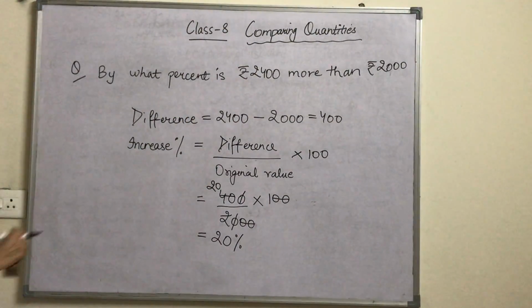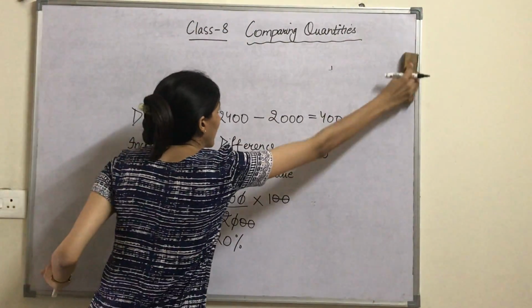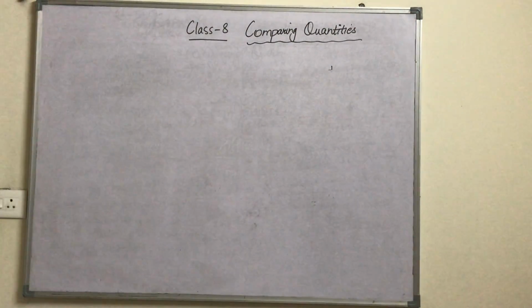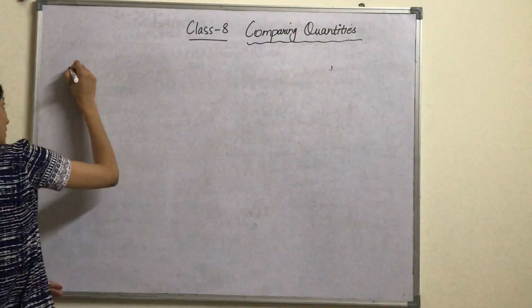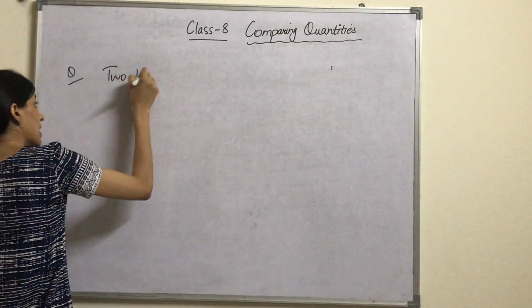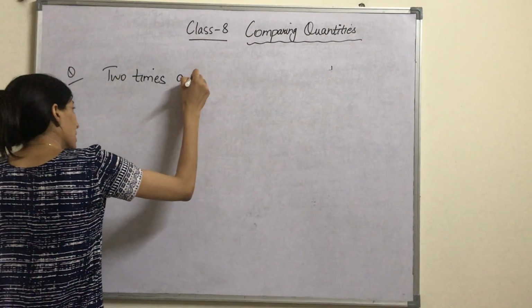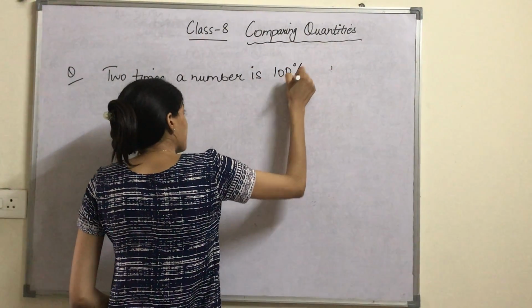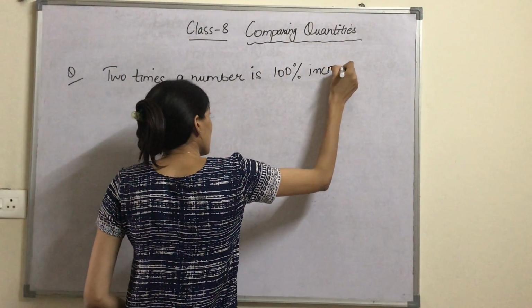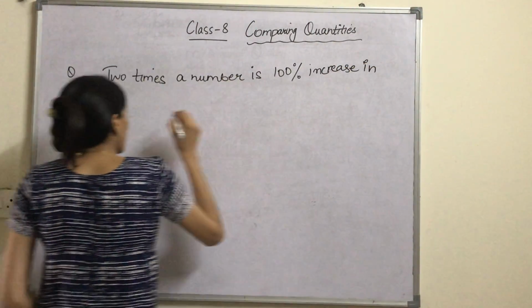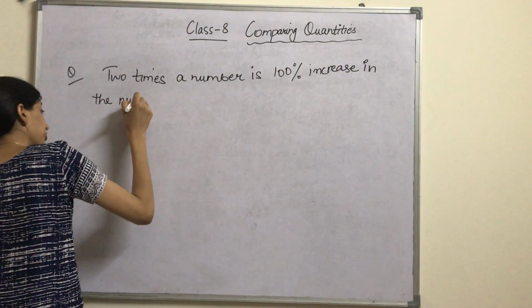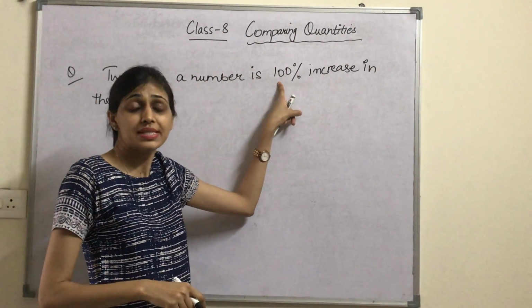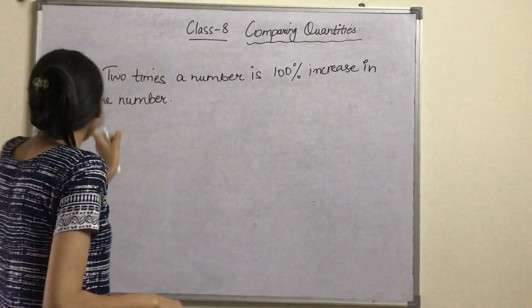Coming to the third question. Suppose you are given: 2 times a number is a 100% increase in the number.